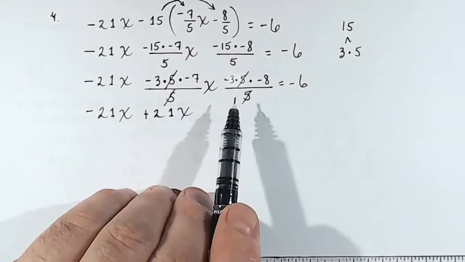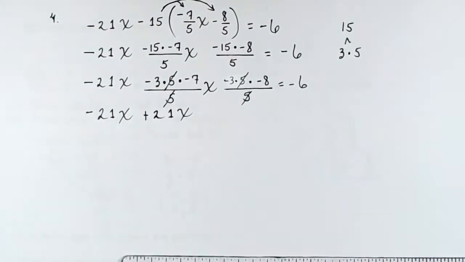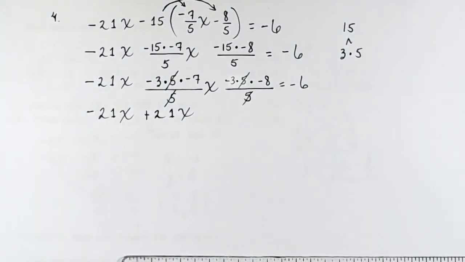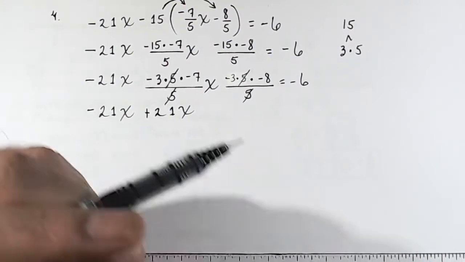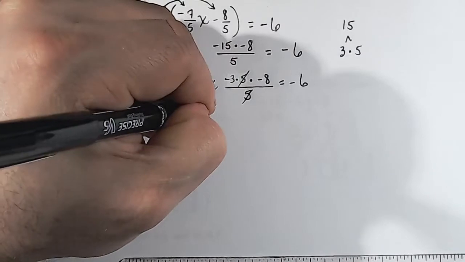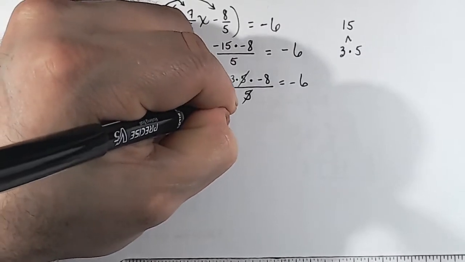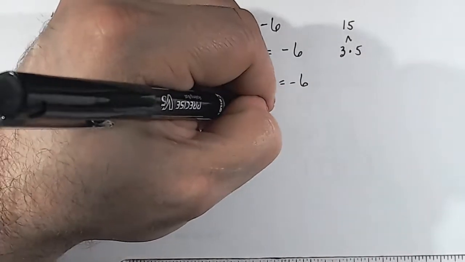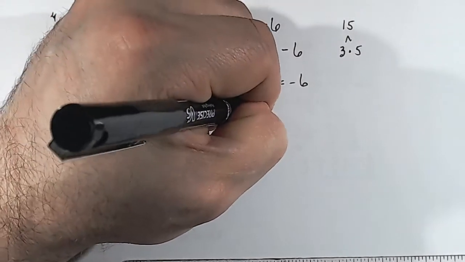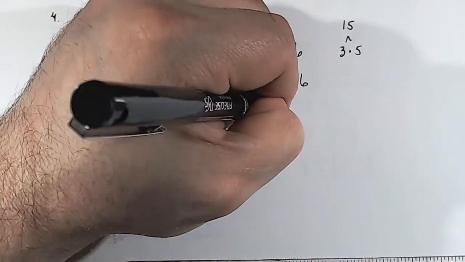And now all I have to do is negative 3 times negative 8. Well, what's negative 3 times negative 8? Negative by negative is a positive. 3 times 8 is 24. So that's plus 24, equals negative 6.